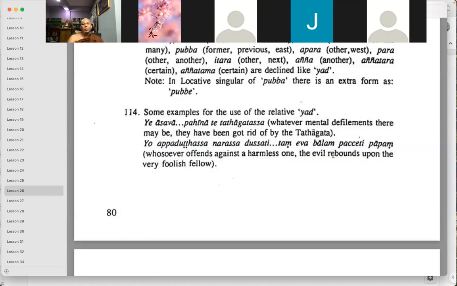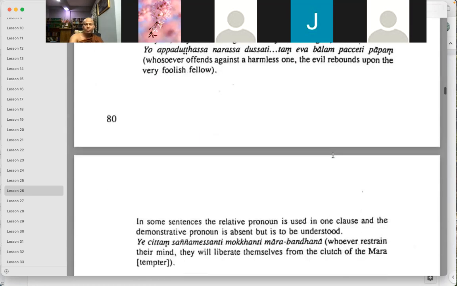So evil rebounds upon tameva bālaṃ, the very foolish fellow. Okay, so in this way, there are different case endings because they are based on their gender in their related sentence.